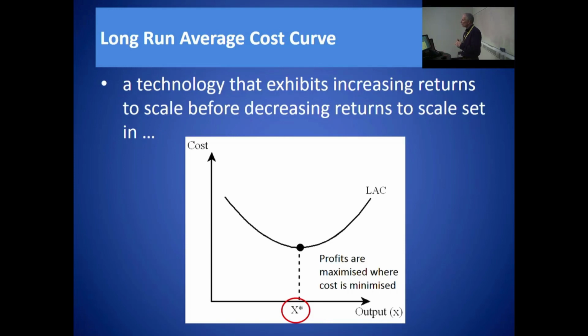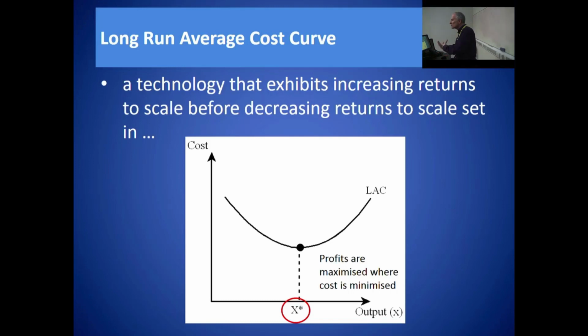Hence, where will profits be maximised? Profits will be maximised, with a given price, where cost is at its minimum. And there you go, that's what we've got in the diagram. Our long-run average cost curve shows us all the combinations of labour and capital a firm can use at its minimum cost combination.